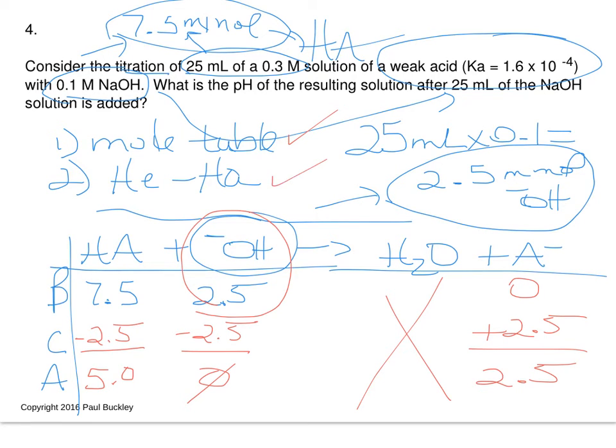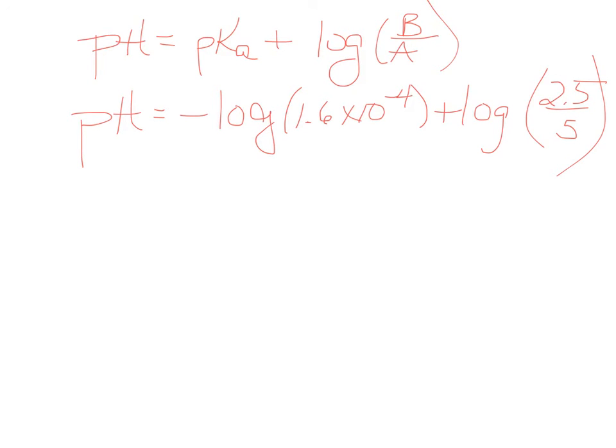Step two is to use the Henderson-Hasselbalch equation and plug in. Remember, it's base over acid, so 2.5 over 5. So we'll go ahead and plug in the rest of the information. Alrighty, so this is all the information plugged in. Here's the value for Ka. So we now have, the minus log of the Ka gives us 3.80.